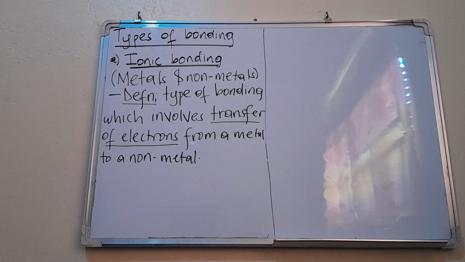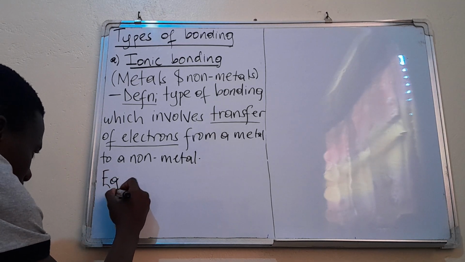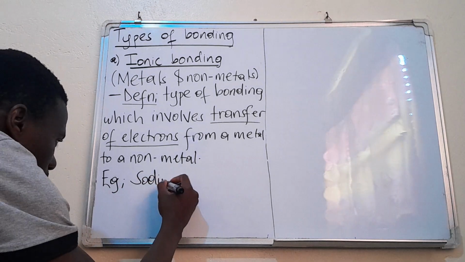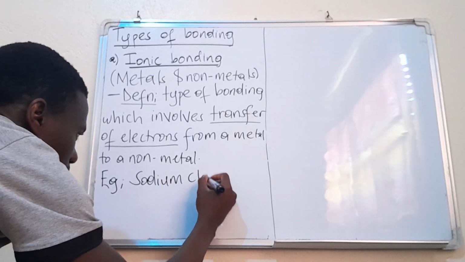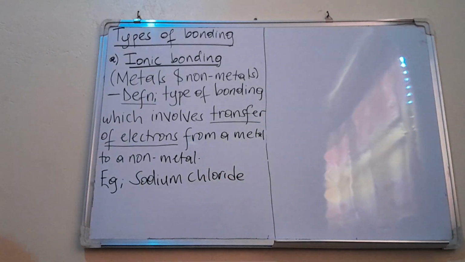So let me give you an example of compounds which exhibit this type of bonding. We have, for example, sodium chloride. So this is an ionic compound.